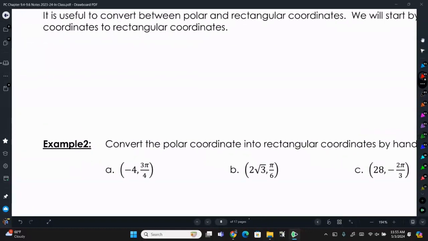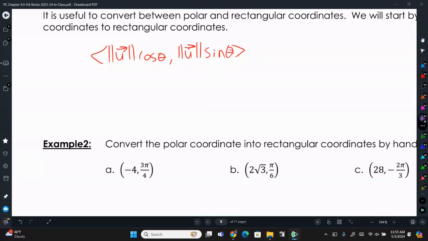Remember, for vectors, it was the magnitude of u times the cosine of theta, comma, the magnitude of vector u times the sine of theta. And we would find the magnitude of the vector by using the Pythagorean theorem.